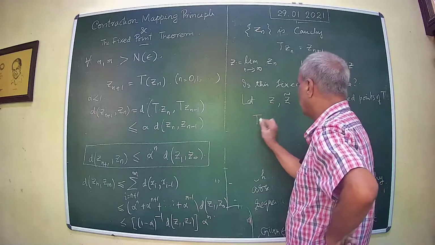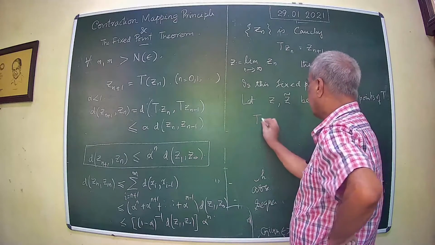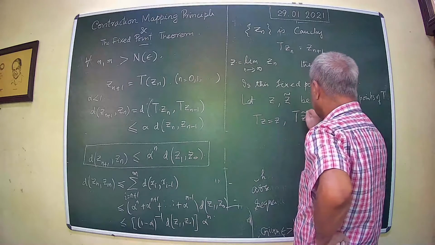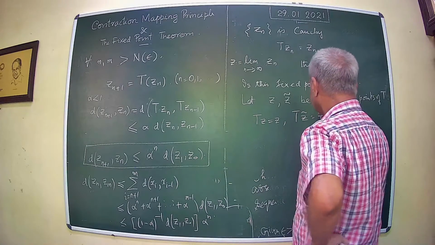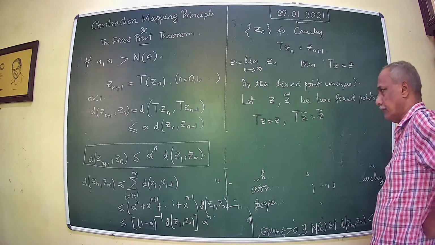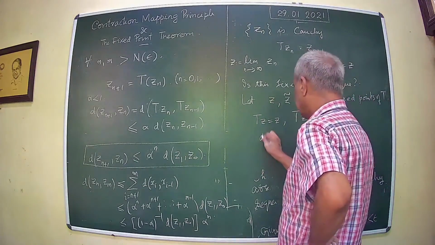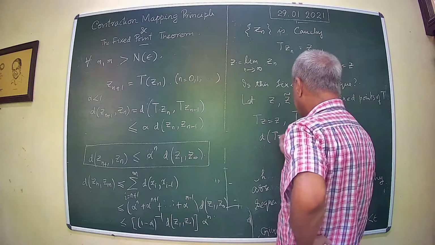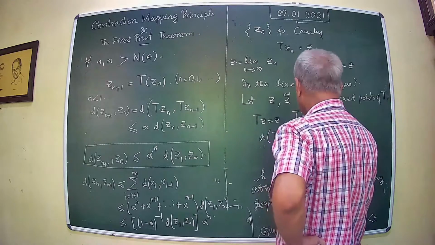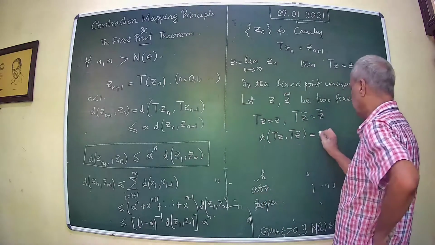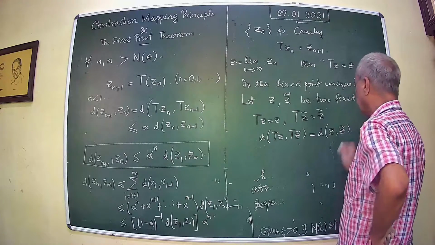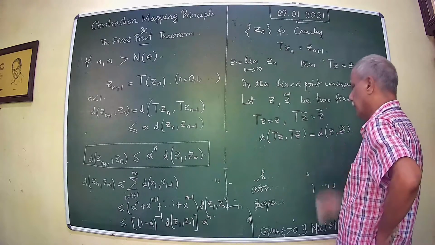You have Tz equal to z, Tz tilde equal to z tilde. Now you compute the distance between z and z tilde, or the distance between Tz and Tz tilde. This is equal to the distance between z and z tilde from this equation.